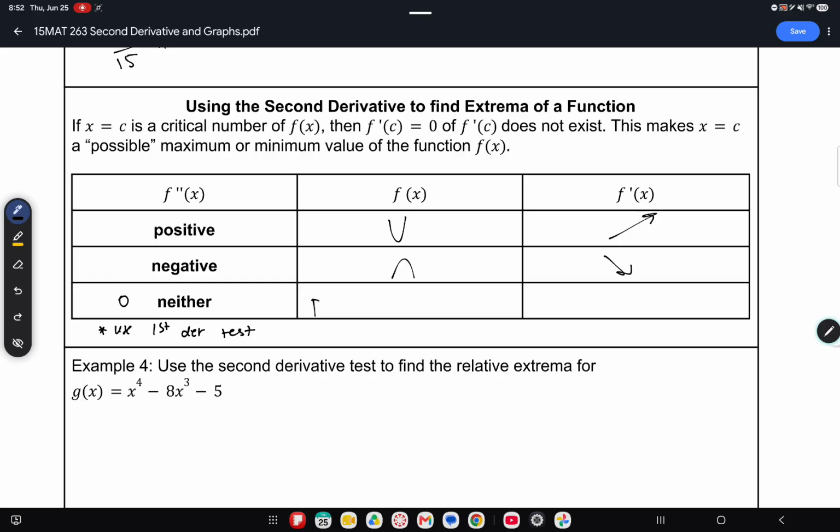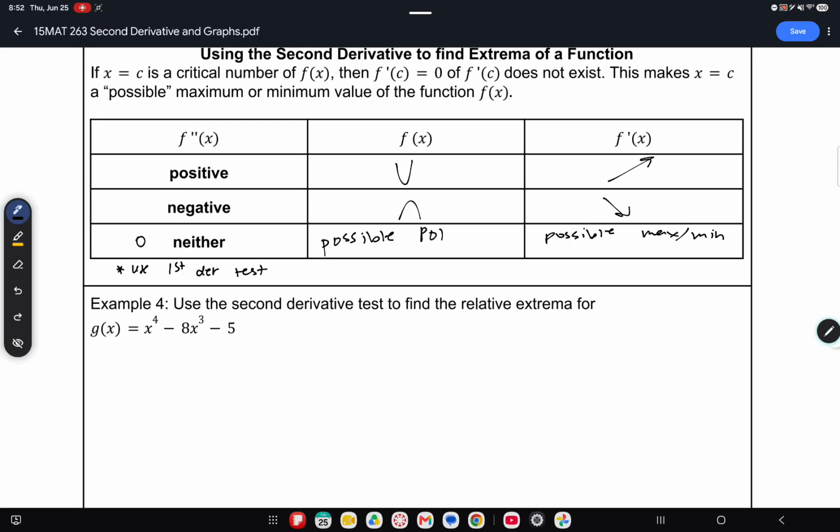Okay, so there's a possible point of inflection here, which means there's a possible max or min. Now we're not sure. We just use that first derivative.